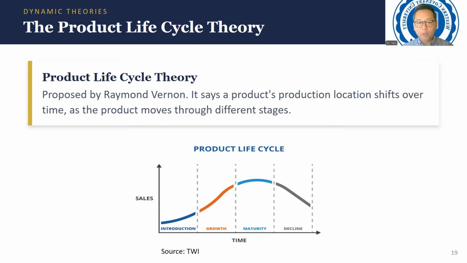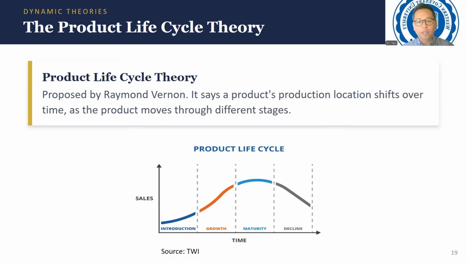Because anyone can build it, companies stop competing on innovation or high value and start competing on price. To cut costs, production shifts away from rich countries and moves to developing nations, where labor and factory costs are much cheaper.